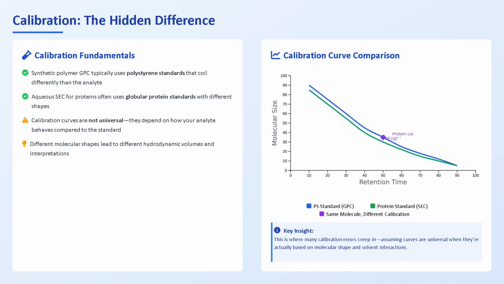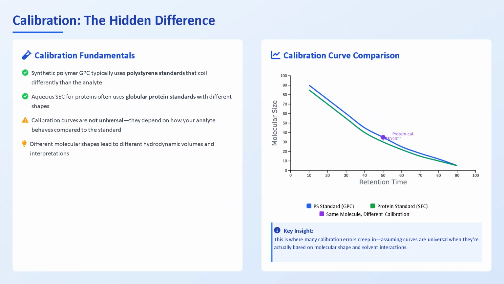This is where many chromatographers get tripped up. Calibration in GPC versus SEC is not interchangeable. In GPC, we use polystyrene standards, long, flexible chains that coil in solution. In SEC, for proteins, we use globular protein standards, compact, folded structures.